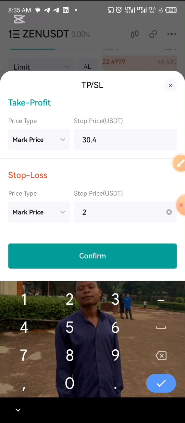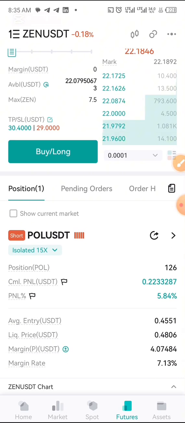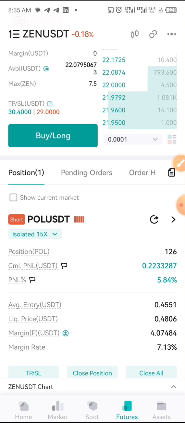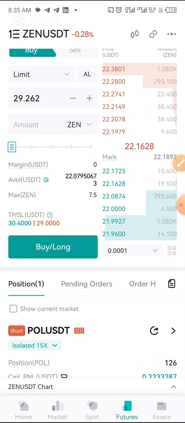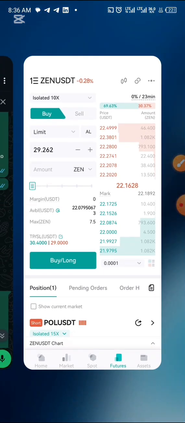So stop loss, let's say we leave it at 29, confirm. Okay, so we have take profit, stop loss, and this is all you need to actually place a trade on CoinEx. Once you initiate this trade, you're going to see it under position. You can see the current trade we are on is at 5% profit. So that's how to place a trade using our signal.